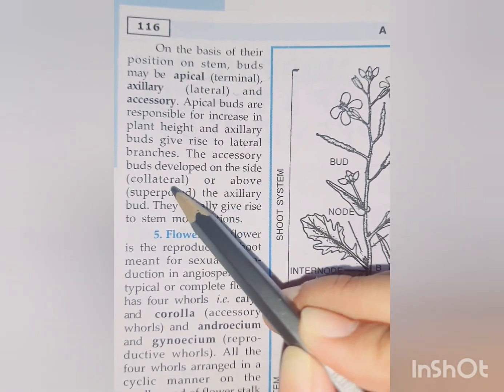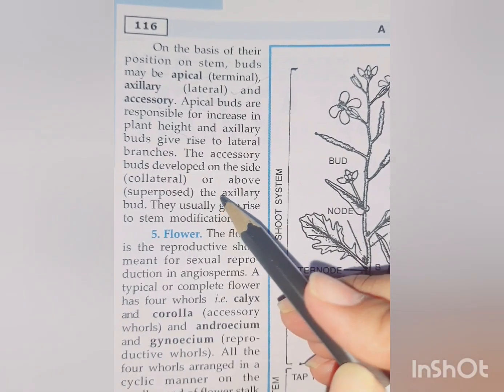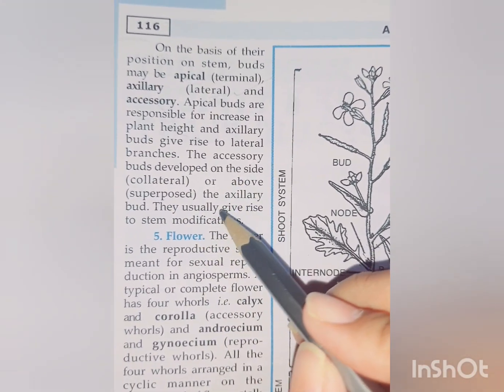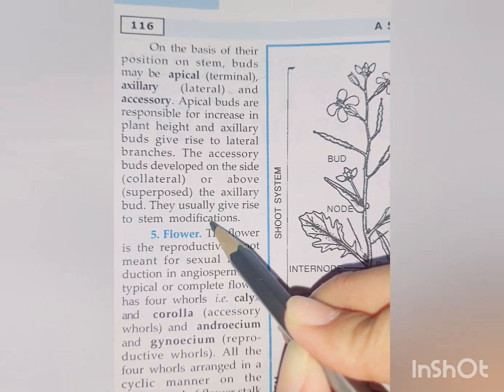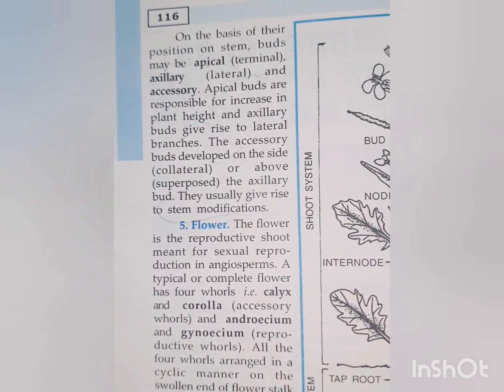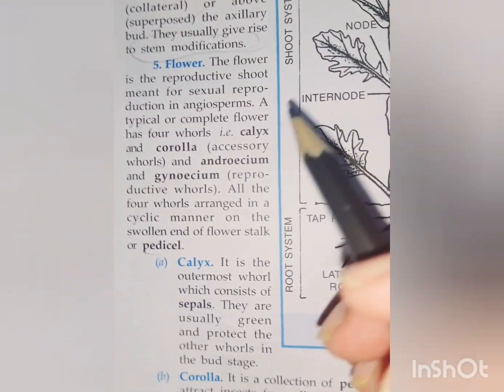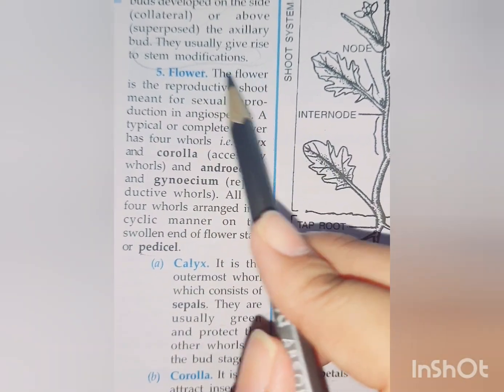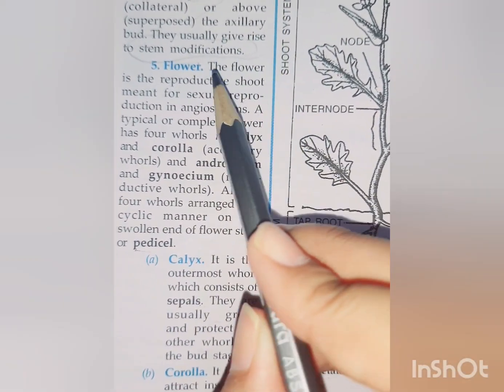Accessory buds develop on the side as collateral and above, that means superposed on the axillary bud. They usually give rise to stem modification. Sometimes stem modifies itself to perform different functions. So we will study these stem modifications later on in my next videos.